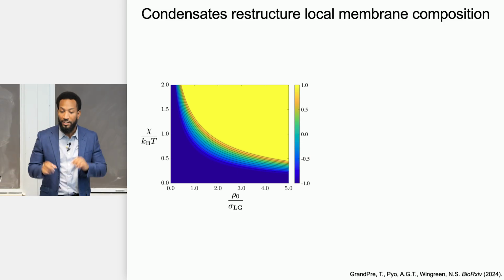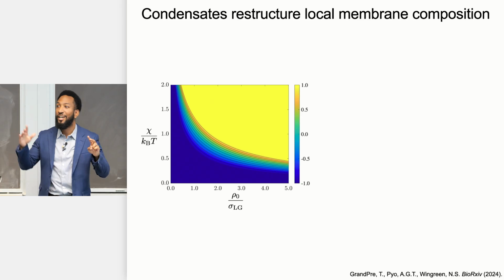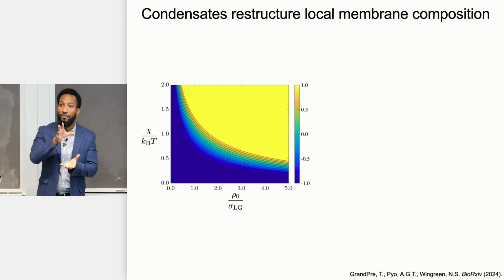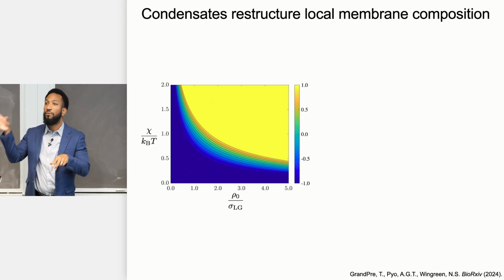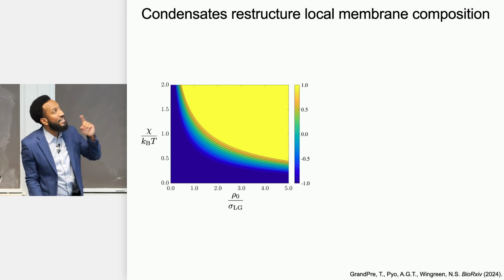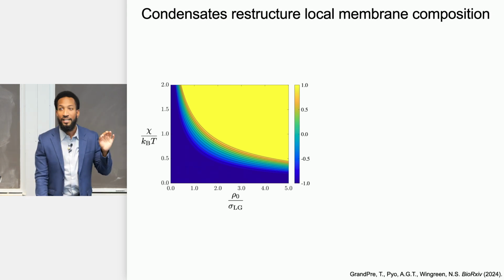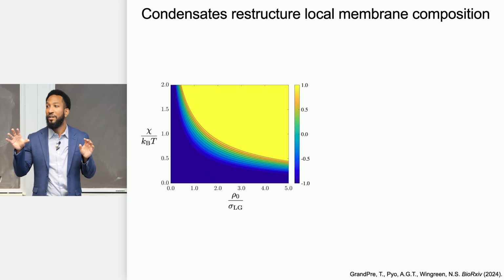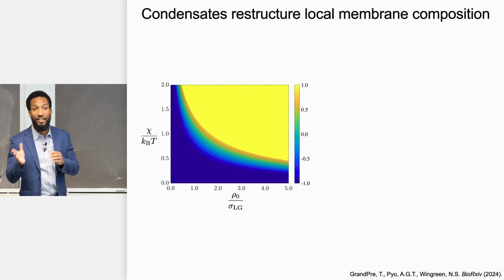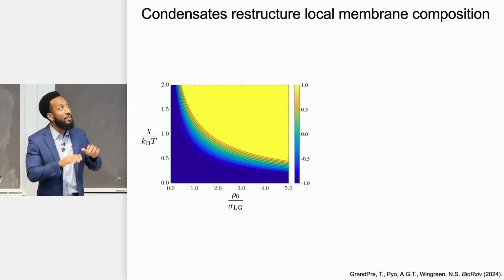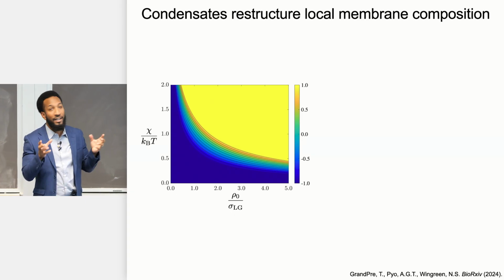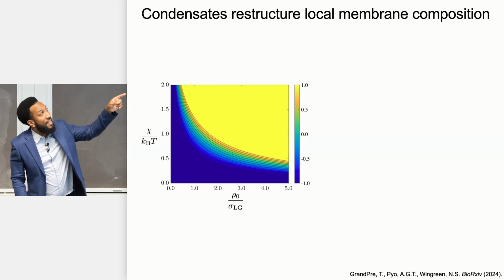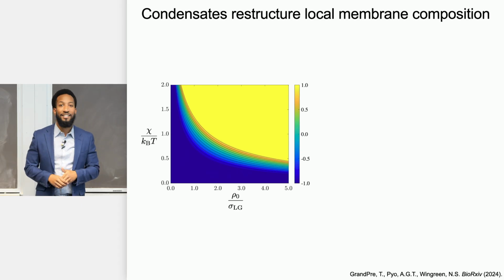Okay. So with these two parameters, we can characterize a phase diagram of when you will get the liquid droplet to interact with the surface and when it won't. For instance, in yellow here, the value of cosine of theta is 1. Cosine of theta equal to 1 means that it will wet. It will interact with the surface, so it will fully coat the surface. And then as you go to blue, blue is not wetting.